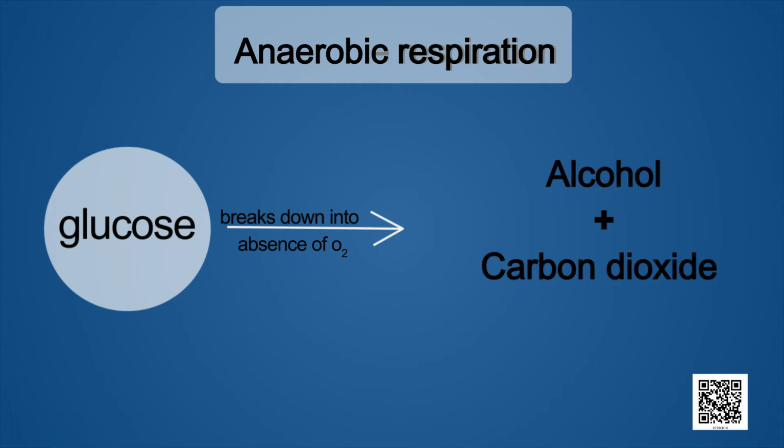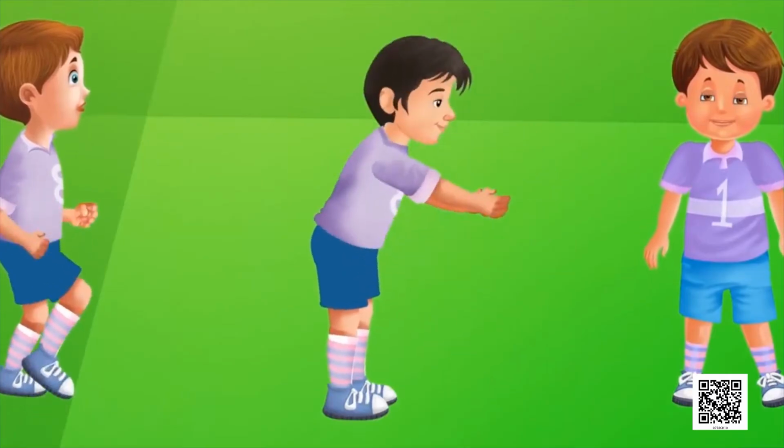In the absence of oxygen, glucose breaks down into alcohol and carbon dioxide, as we have shown you in this equation. Glucose breaks down into alcohol and carbon dioxide in the absence of oxygen. Children, even our muscle cells can respire anaerobically, but only for a short time when there is temporary deficiency of oxygen.